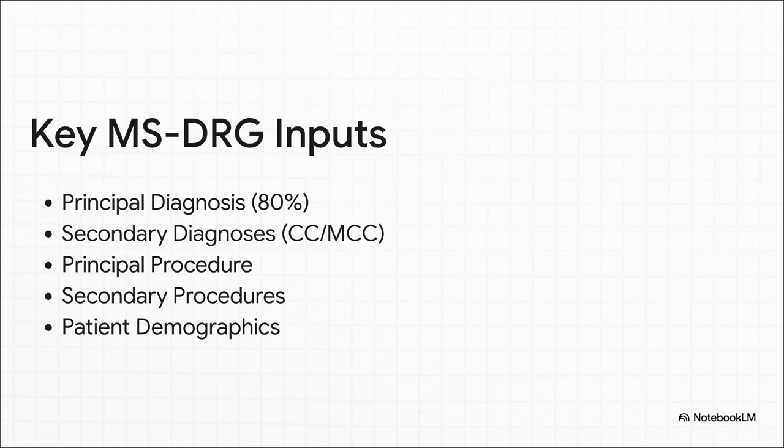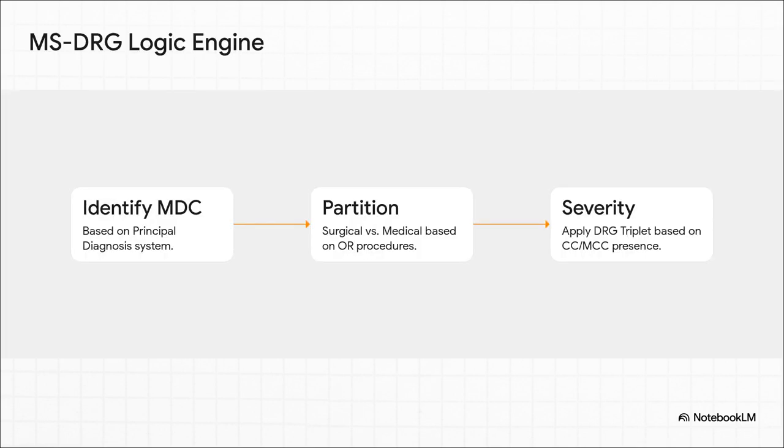80%! That is massive. Let's crack open that grouper's logic engine and see how it actually filters thousands of possible diagnoses into roughly 750 distinct payment buckets. Step 1. It figures out the major diagnostic category, or MDC, based purely on that principal diagnosis. This usually corresponds to a major organ system, like the circulatory or respiratory system.